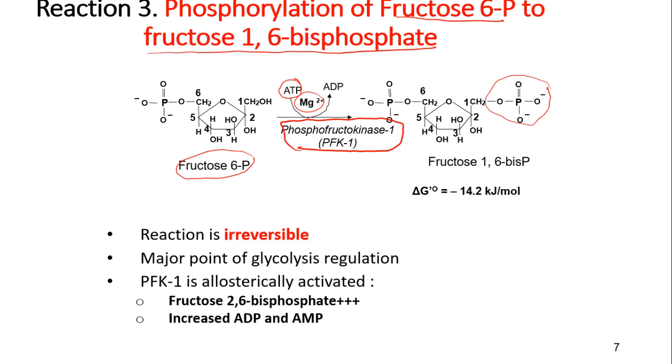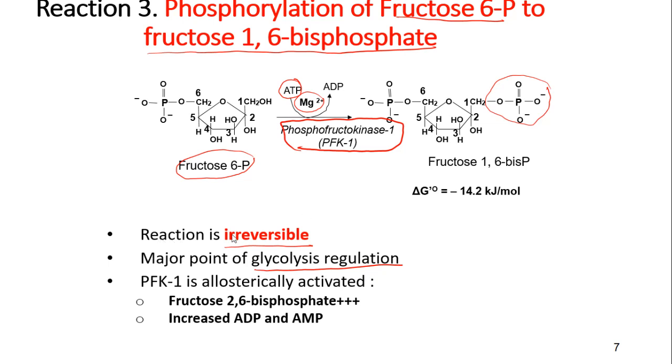And this reaction is an irreversible reaction, meaning when fructose 6-phosphate is taken to fructose 1,6 biphosphate, there is no way in which this reaction can be taken back. And this step is a major point of glycolysis regulation.